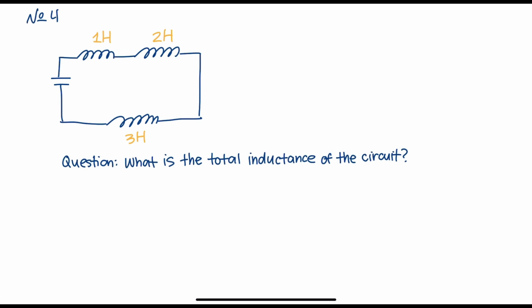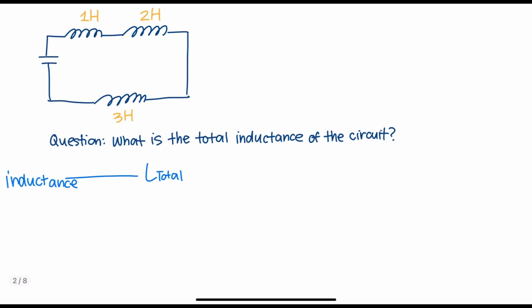So in this case, L total, L which stands for inductance, is going to be equal to L1 plus L2 plus L3, which is going to be 1 plus 2 plus 3, which is going to be equal to 6 henries. And this is our final answer.